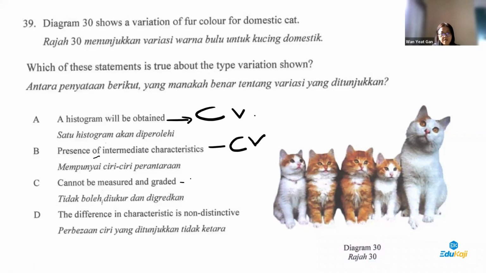Cannot be measured or graded. This is discontinuous variation. The characteristic is not distinctive. So this is continuous variation. So the type of variation shown here for the cat is actually discontinuous variation. So the answer is C, yeah? Cannot be measured or graded.